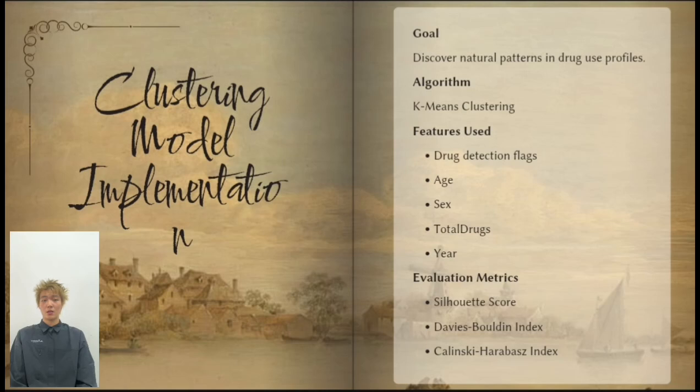Another interesting result comes from the feature importance. The model showed that the year variable is the most important feature in the prediction. In fact, it makes up almost half of the total importance in the model. This result makes sense if we look at the history of the drug crisis. Over time, fentanyl became more common in overdose deaths.